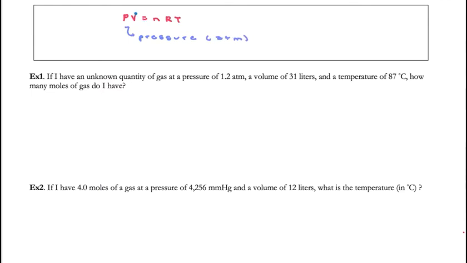My next variable is volume. My units for volume have to be in liters. N is my number of moles. R is what we call my ideal gas law constant.